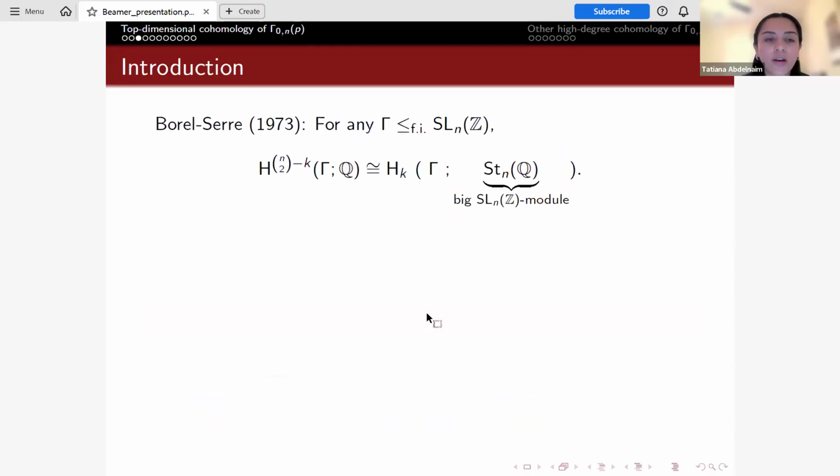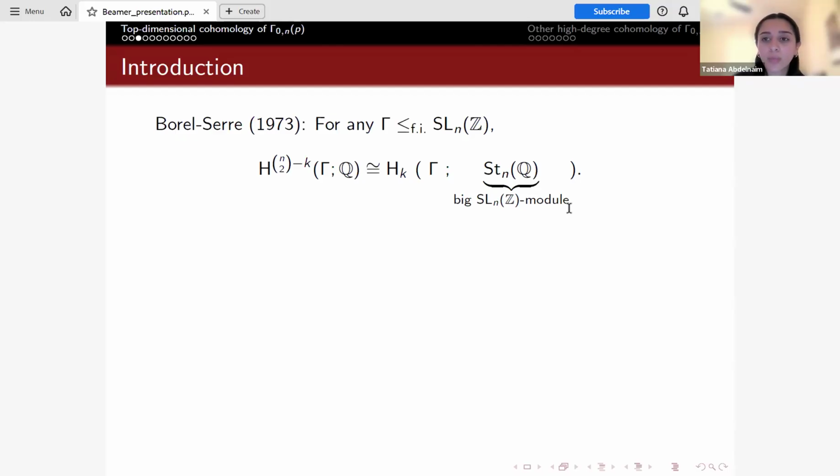To start off, a fundamental result by Borel and Serre showed that for any finite index subgroup Gamma of SL_n(Z), we have an isomorphism between the cohomology in degree n choose 2 minus k of Gamma and the homology in degree k of Gamma with some twisted coefficients. For now, just think of these coefficients as a big SL_n(Z) module.